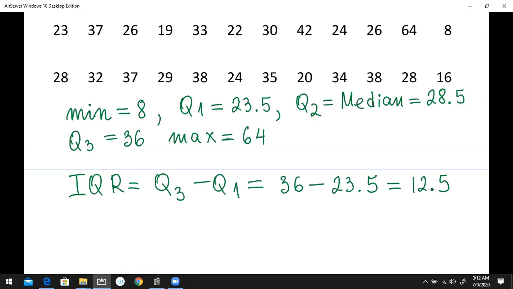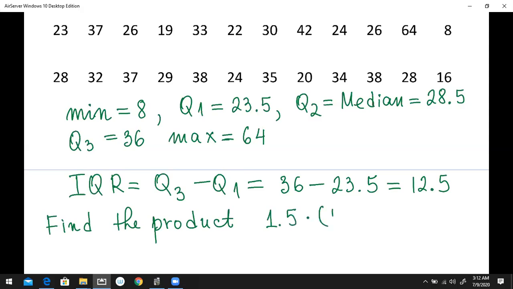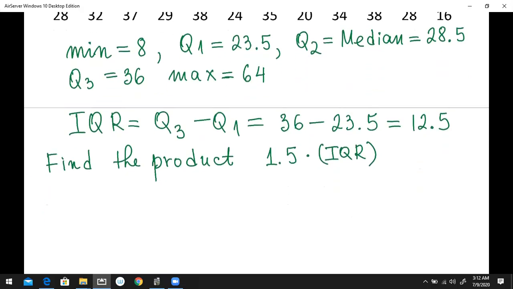Now, the rule says it's always 1.5, so you need to find the product. 1.5 times the interquartile range. Let's see, 1.5 times 12.5.